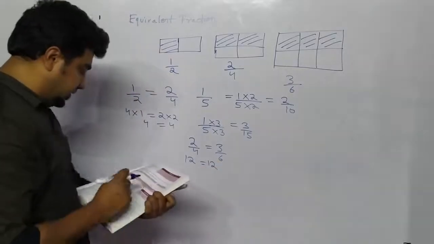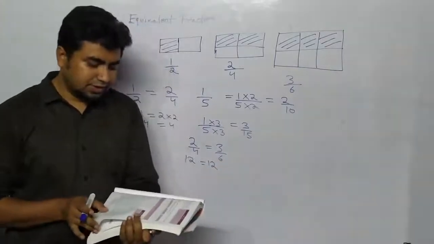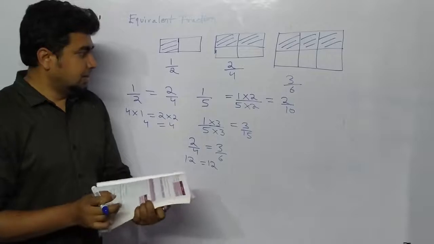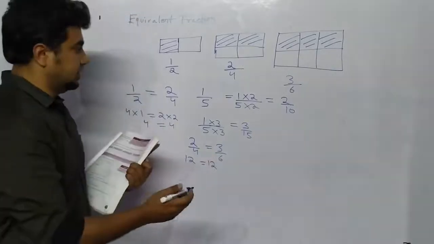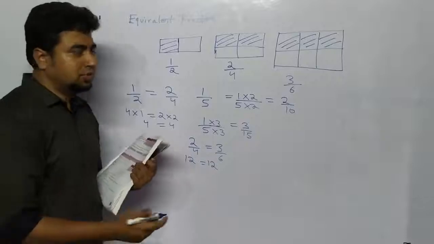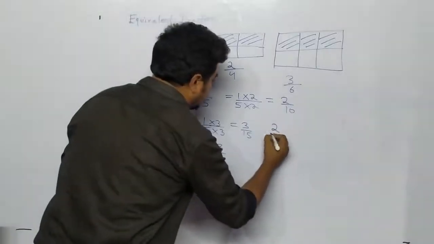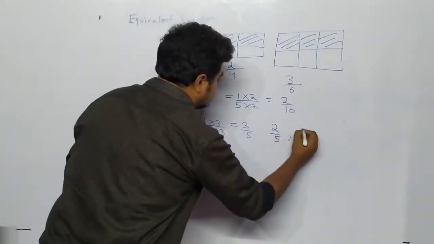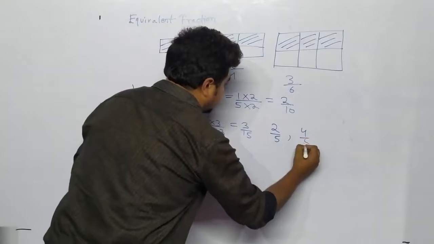One more thing I want to discuss is like fractions and unlike fractions. Like fractions are those having the same denominator, such as 2 by 5 and 4 by 5.